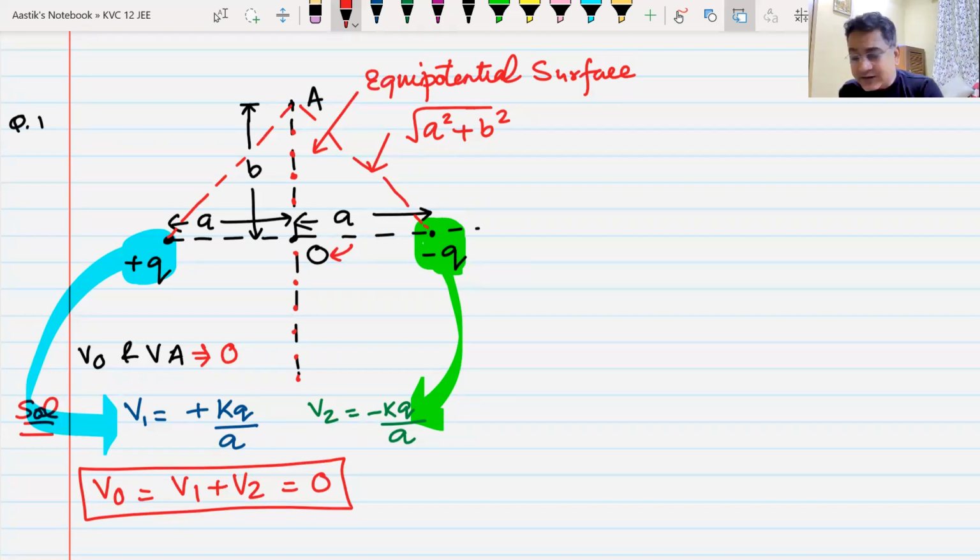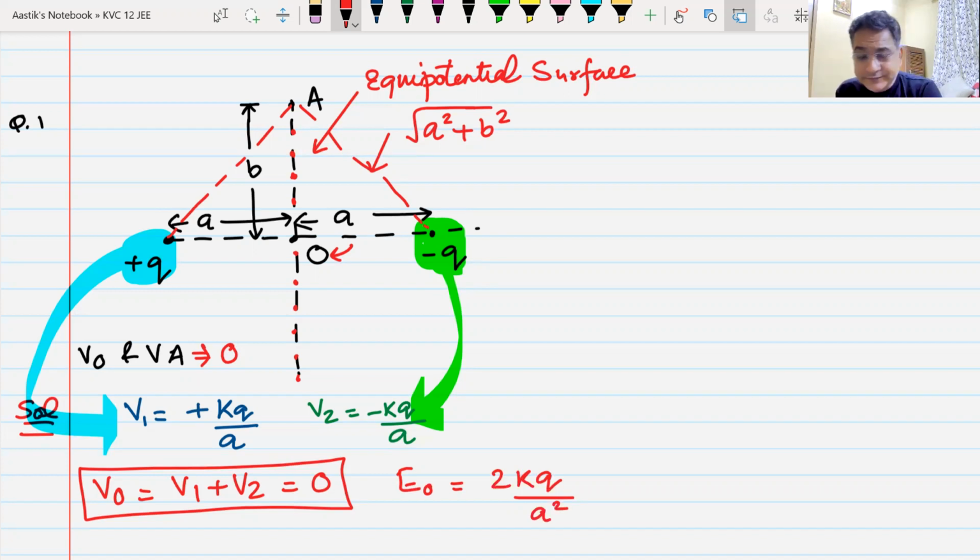What is the magnitude of electric field at point O? 2k cube by A square.